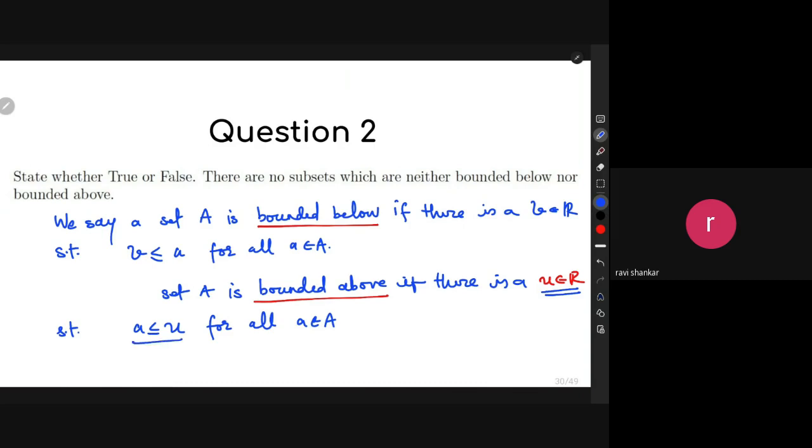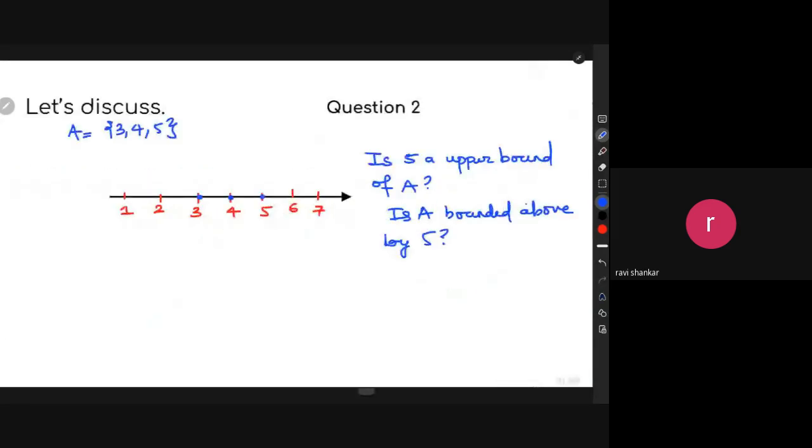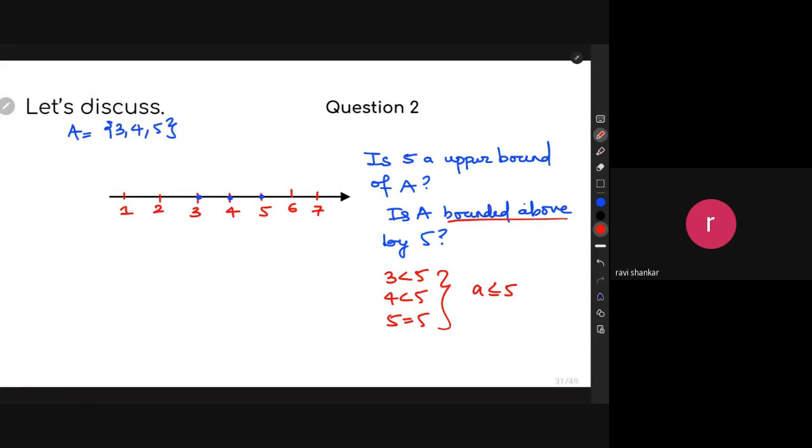So does 5 satisfy this property? Yes, 5 does satisfy the property. If you take any element, 3 is smaller than 5, 4 is smaller than 5, 5 is equal to 5. So every element is either smaller than or equal to 5. So 5 bounds A.